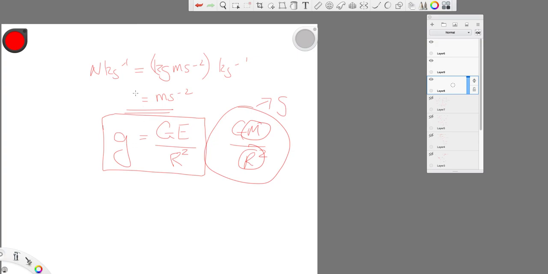Now, previously we had F, of course that's a vector. This is F divided by a scalar. So this is also a vector. Of course you know that acceleration has direction, but just be aware that gravitational field strength, electric field strength, magnetic field strength, these are vectors.